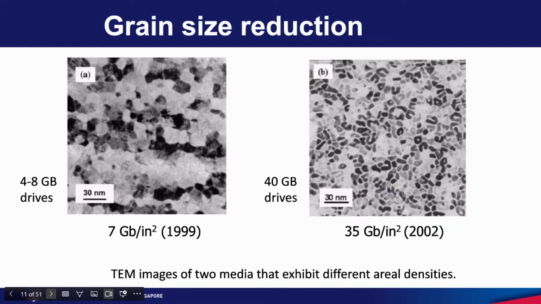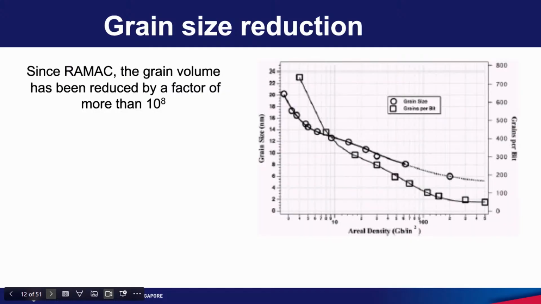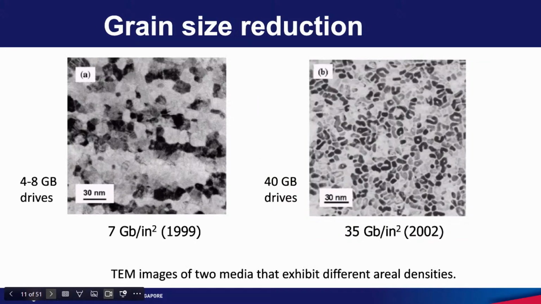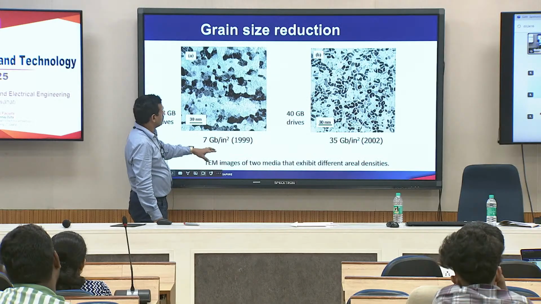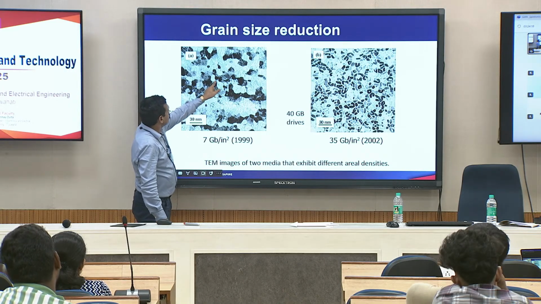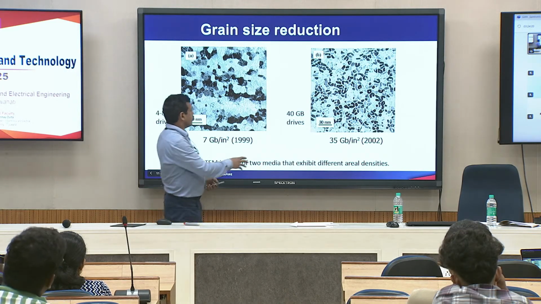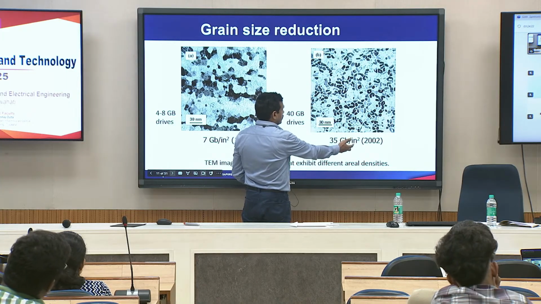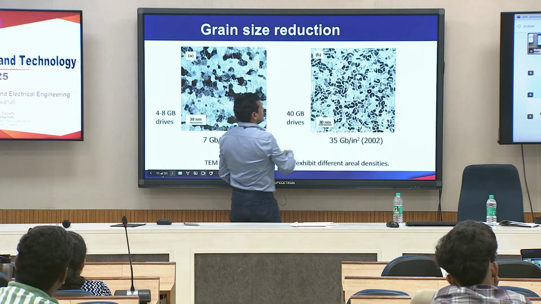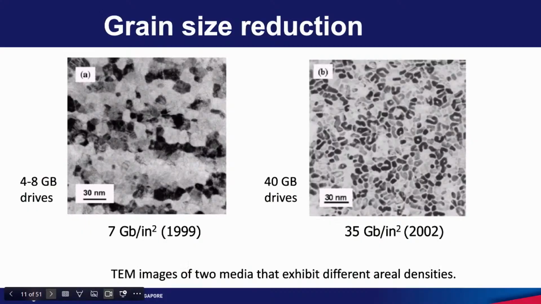This is one real life example. Suppose I look at the grains of this technology, where you store 7 gigabit in a square inch. In this technology you can see the grains are bigger, but if you go to another better technology, you can see the grains are smaller, very well separated and so on.